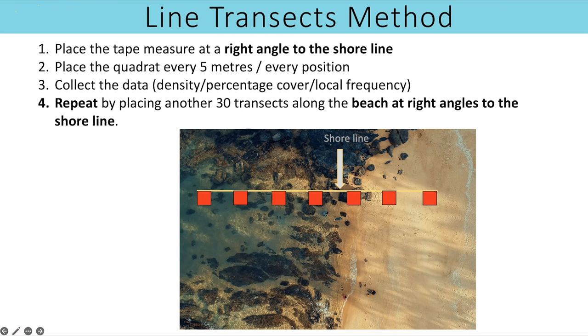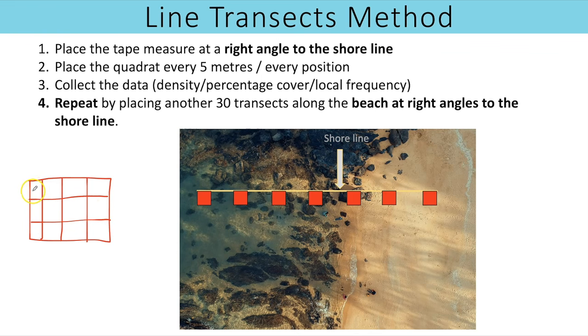And for these ones, you would typically use a quadrat, which has got 100 squares within it. Now, I'm not going to literally draw 100 here. I'm just going to draw some grid lines so we get the concept. But there would be 100 squares that you would use. Local frequency is when you would just simply count how many of those 100 squares have the plant of interest in.